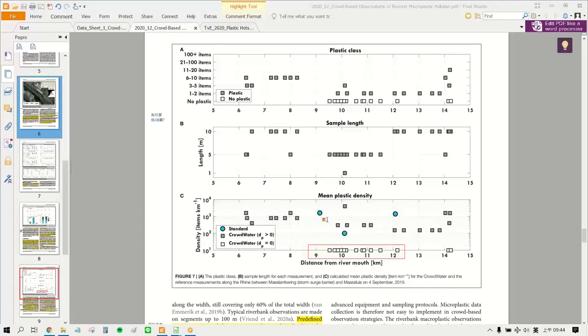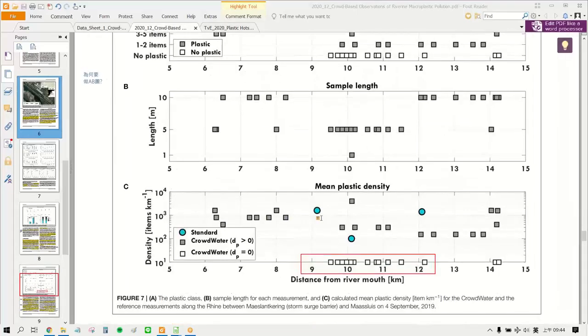So all the gray squares in this figure are calculated or collected by the new method, and the light blue is the traditional method. But all of them are still in the same range. I mean, the minima and the maxima are quite in the same area.